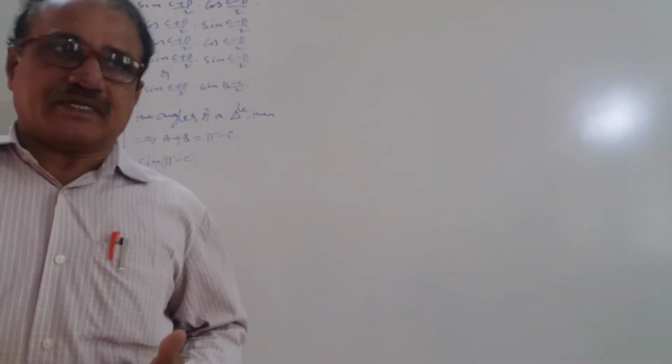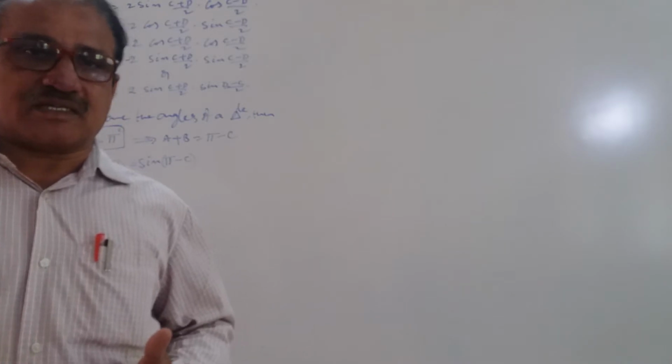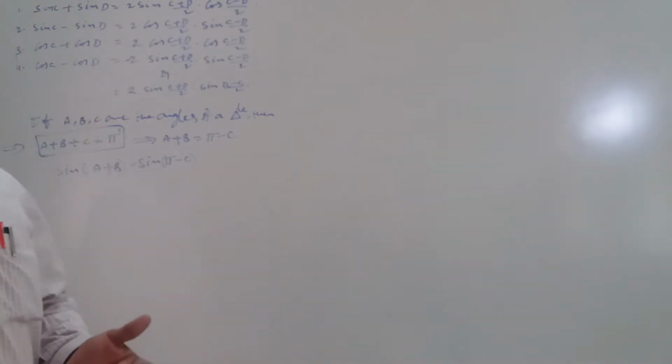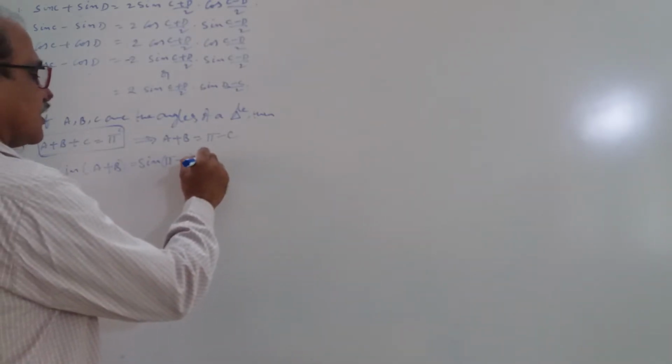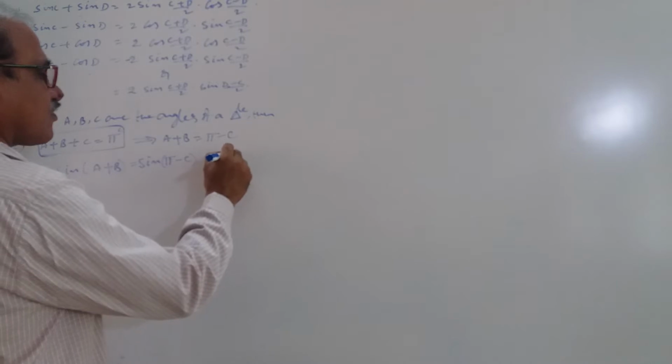Then what is the value of sin (pi minus C)? Pi means 180 degrees, so pi minus C belongs to the second quadrant. Sin remains as sin, and in the second quadrant it is positive, so sin C. Sin (A plus B) is equal to sin C.